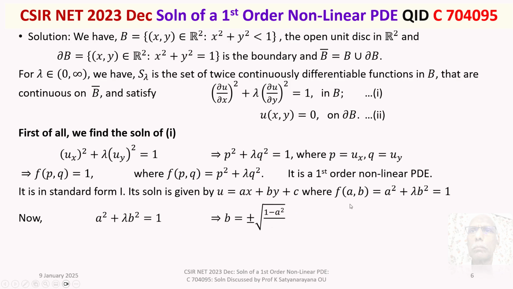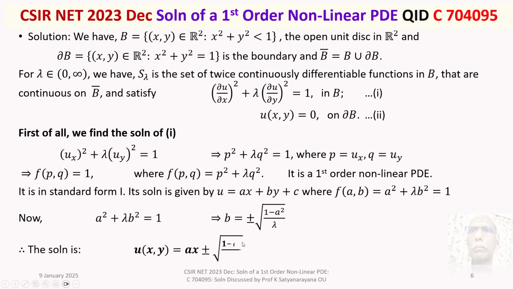Now, f of (a, b), that is a square plus lambda b square, is 1. From this, solving for b, we get b equal to plus or minus the square root of (1 minus a square) by lambda.